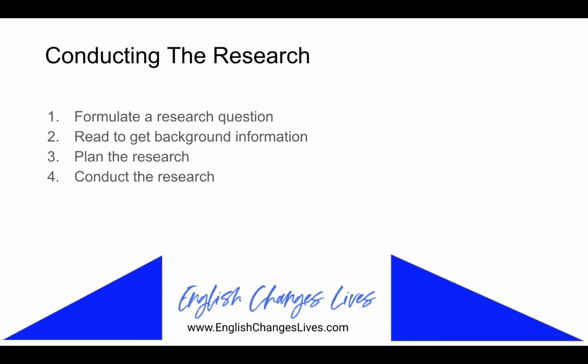So for the first part, you need to conduct the research. So you need to carry out the research. So you need to come up with some kind of research question. So for example, what makes people happy? Then you need to read to get background information. So you can read from a variety of sources for background information. It could be from newspapers, it could be from magazines.